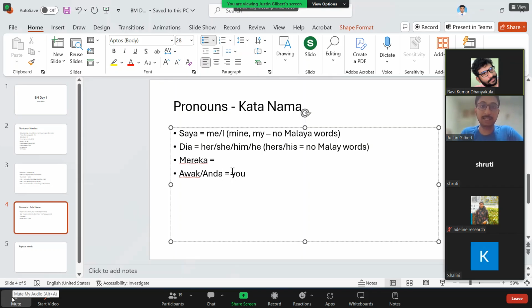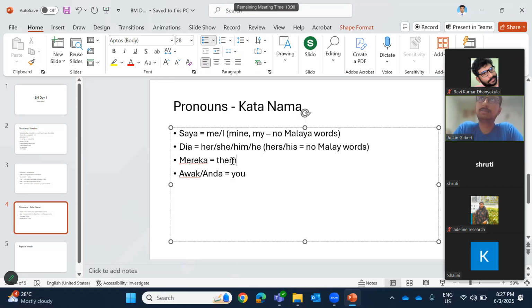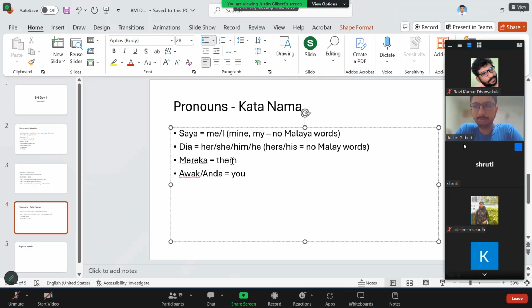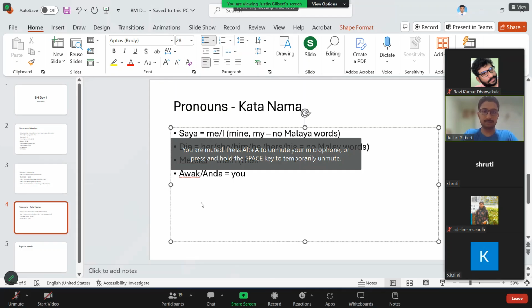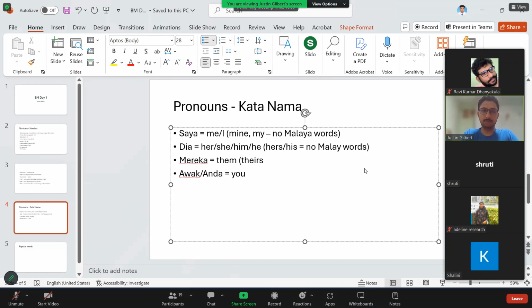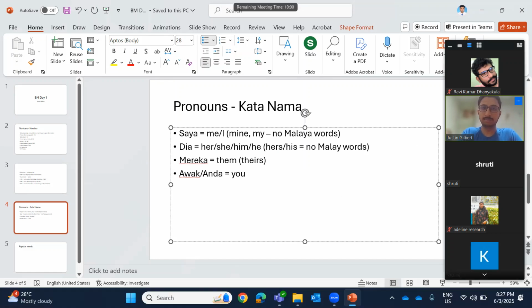Yes, mereka is them. Very good. And no real other alternatives in English. Mereka is them. And again, I'll put in brackets things like theirs. There's no Malay word for this.